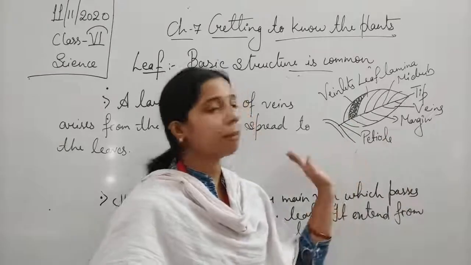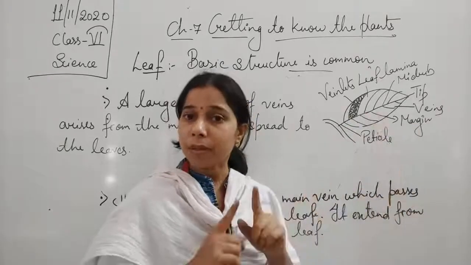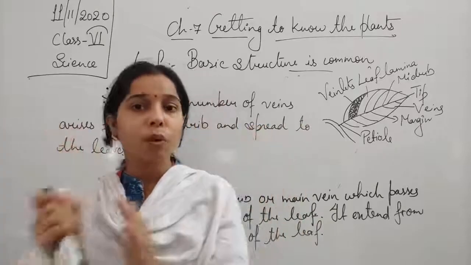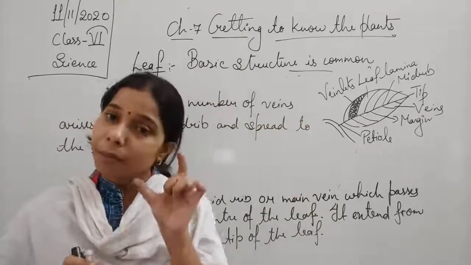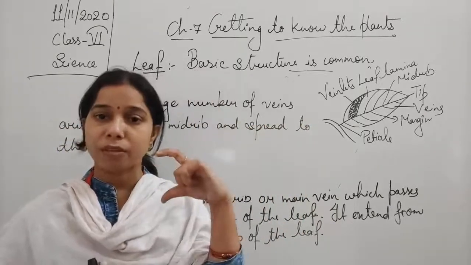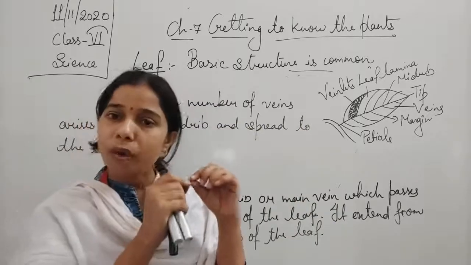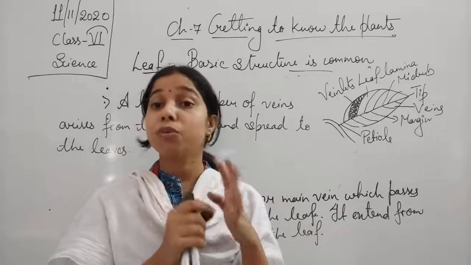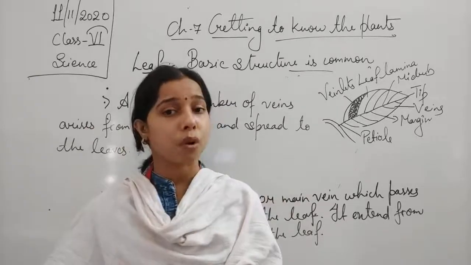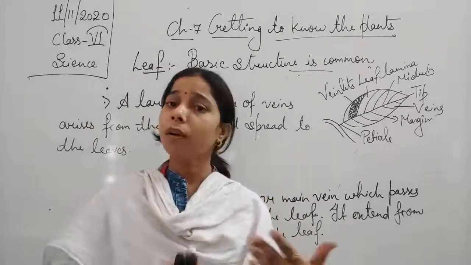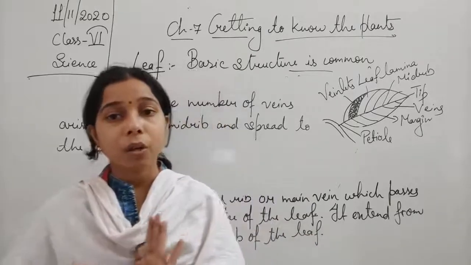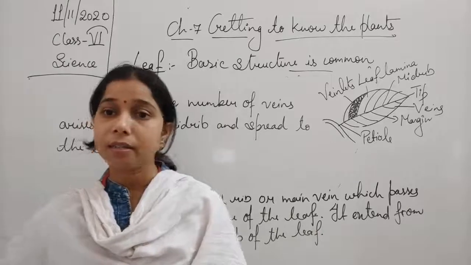Okay, you can see the midrib is there. From the midrib, different veins come out and reach all the parts of the leaves. In between the two veins, students, very fine, smaller veins are present which interlink with each other. They cross each other, a kind of connection between the two veins, and the term for it is veinlet.